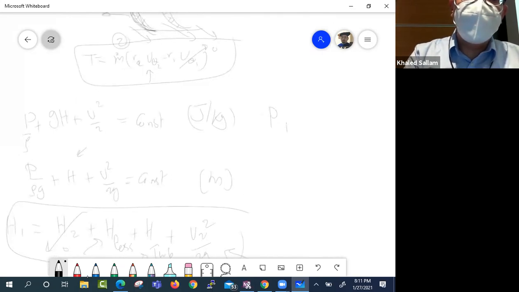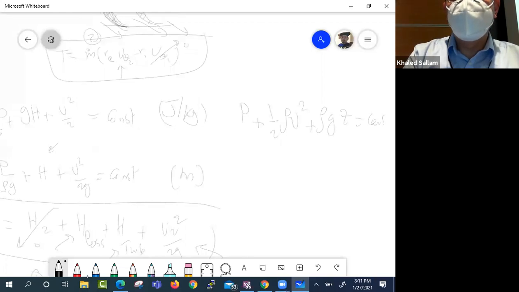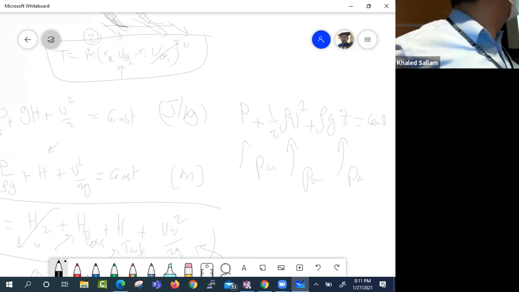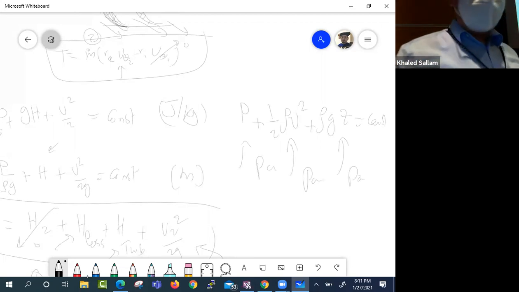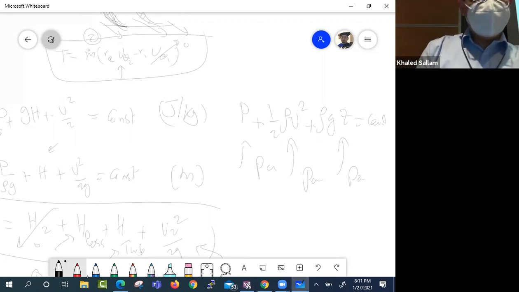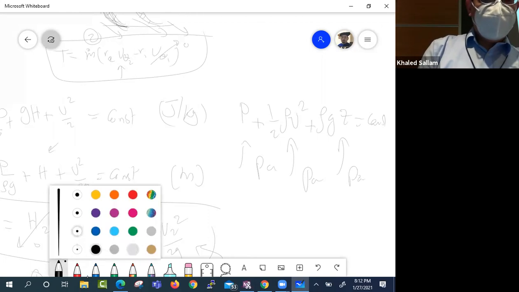They can just say P plus half rho V squared plus rho gz equals constant. And so that's, of course, in Pascal.